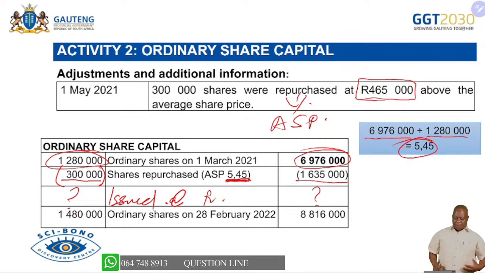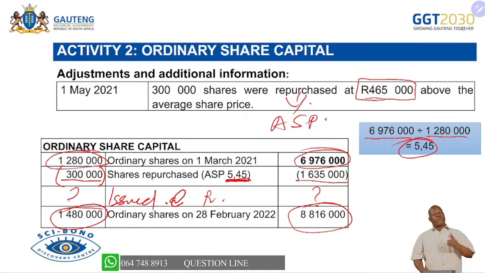We are counting people. Now, remember, whenever you have a figure that is missing, which is not the last figure, it means we are supposed to go bottom up. As long as the figure that you are looking for is not the last in the calculation, it means that's where we are starting from. We can only start from the bottom going up.